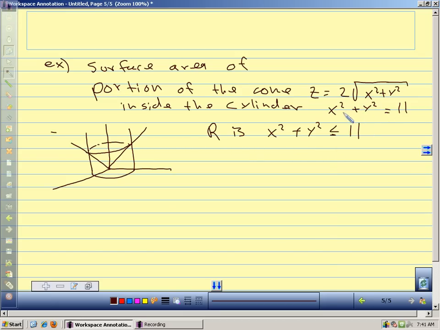I'm just saying that we're looking at the circle and everything inside. So that's our region in here. And f of xy is our cone, 2 square root of x squared plus y squared.